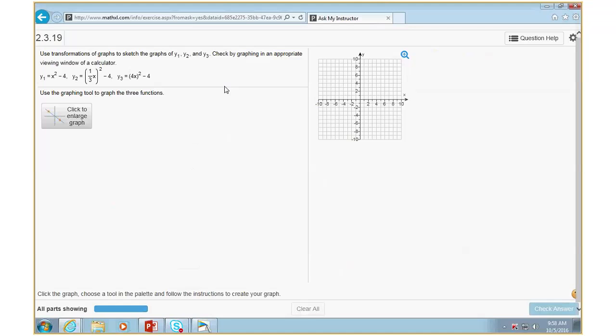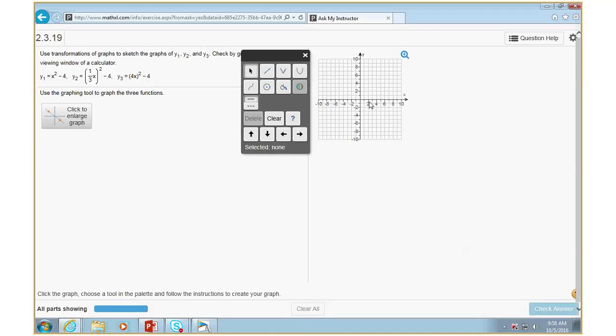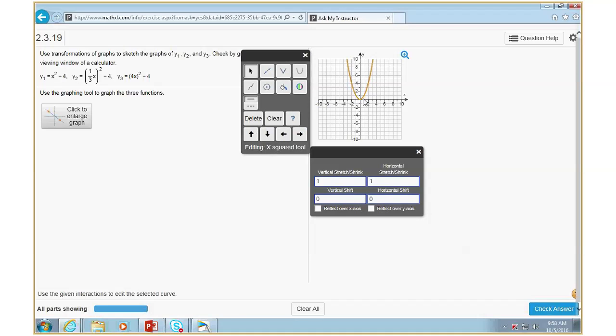Okay. Use transformations to sketch y sub 1, y sub 2. Y sub 1 is x squared minus 4. So we're going to do a parabola. And x squared minus 4 is going to be a parabola at negative 4, right? Okay.